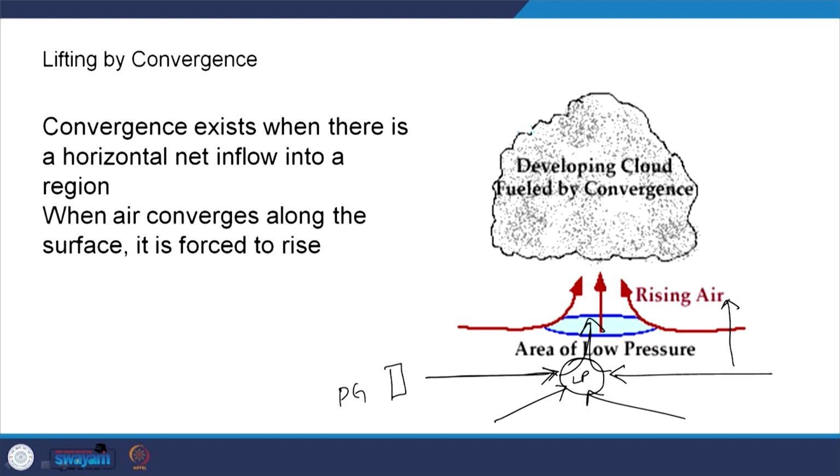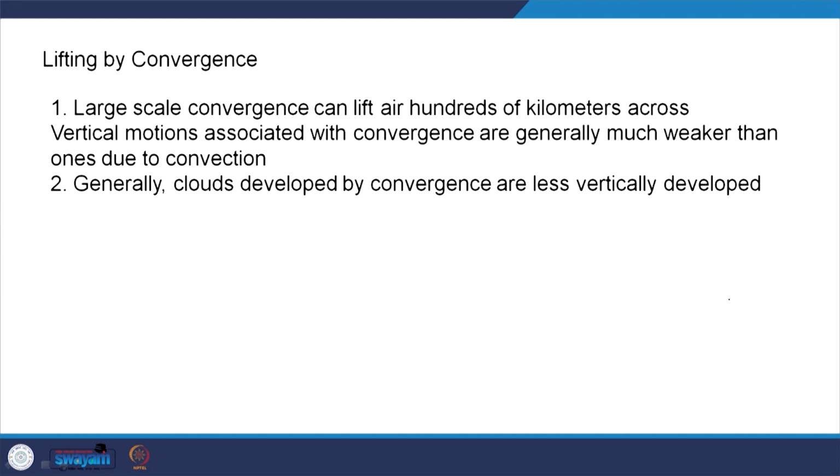Okay. Large scale convergence can lift air hundreds of kilometers across, it has been noticed, and the vertical motions associated with the convergence are generally much weaker than the ones due to convection. That means the extent to which the air rising due to convergence can move into the higher altitudes is very small in comparison to the lifting that could be provided by convection.